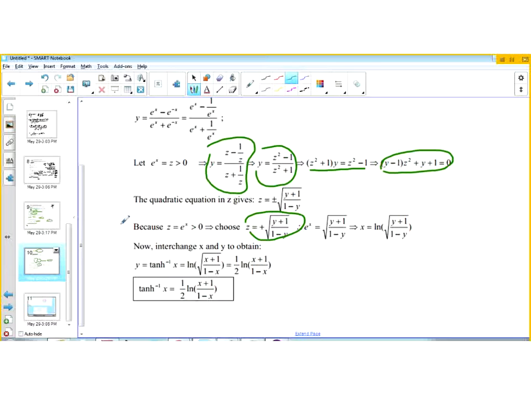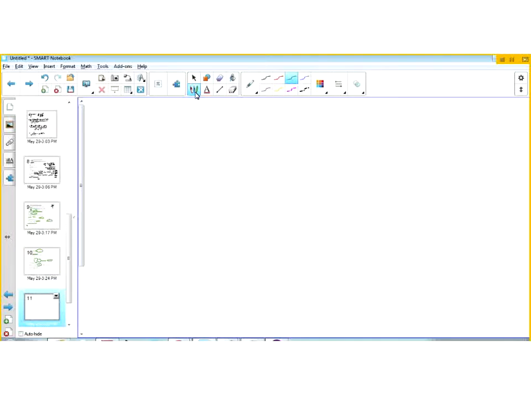Okay, so let's calculate, say, the derivative of the inverse hyperbolic cosine function. We want to calculate the derivative with respect to x of cosh inverse of x. It looks like we may potentially have to use some implicit differentiation here.